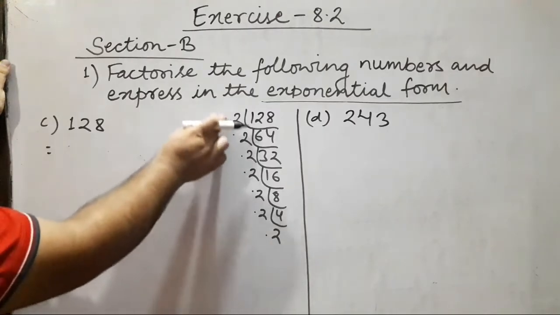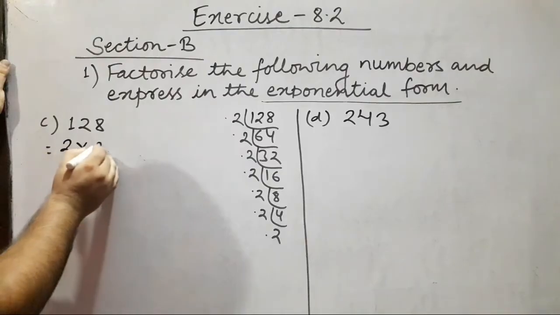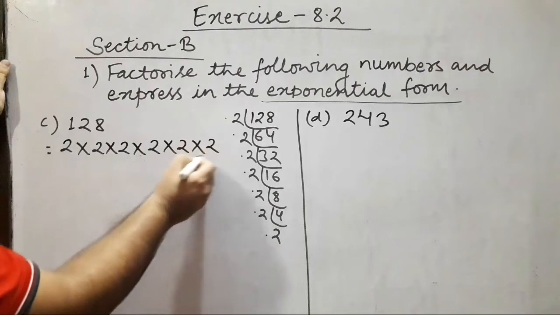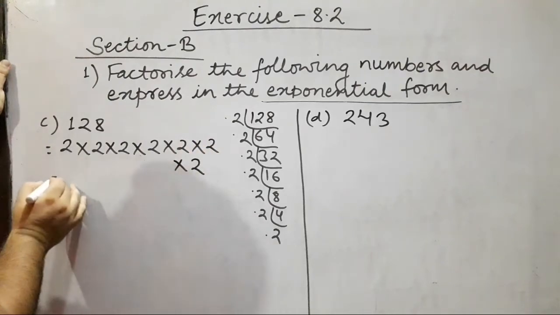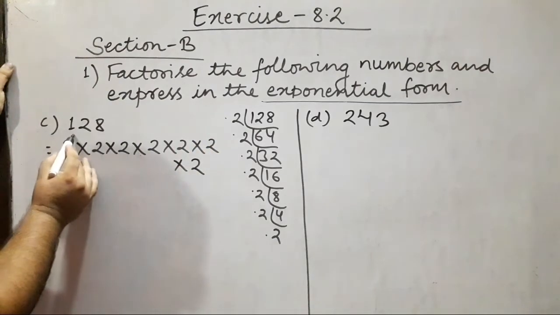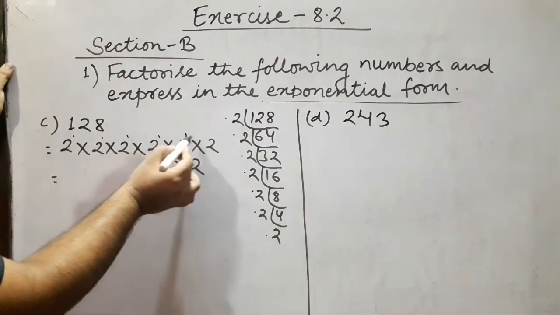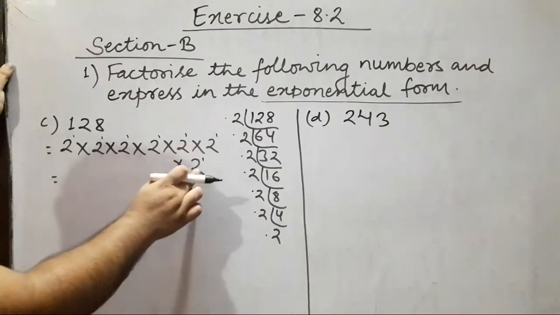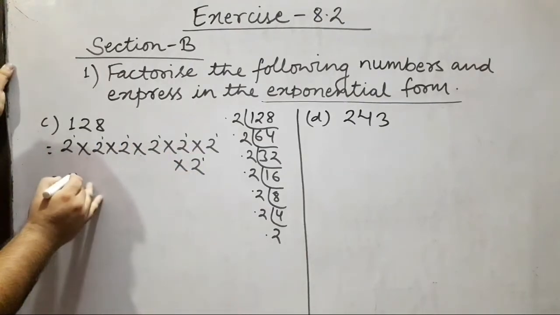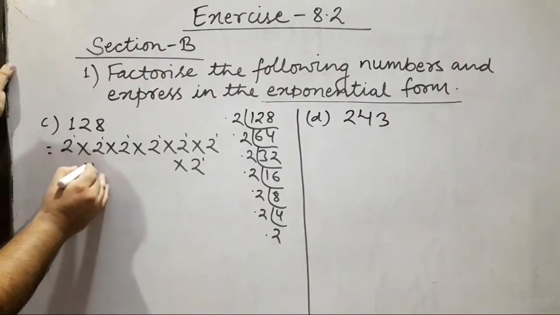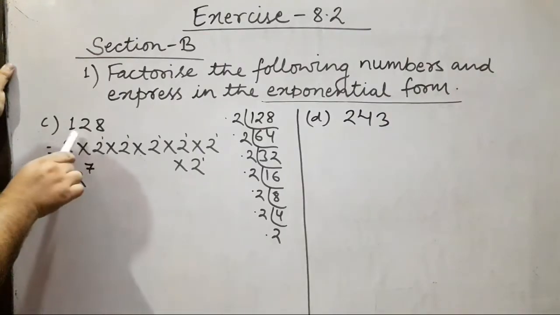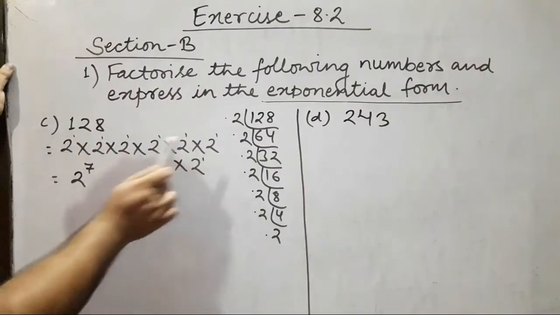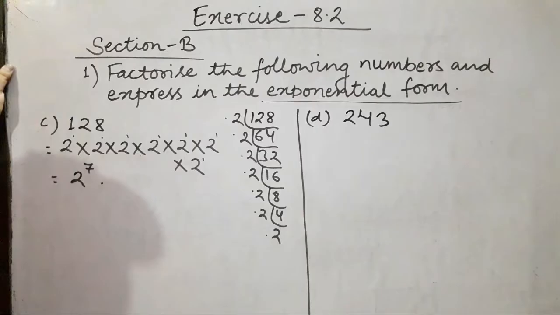There are seven 2s. Here also the powers are 1 and the bases are the same. When same bases are multiplied, their powers can be added. You can directly write down 2 power 7.